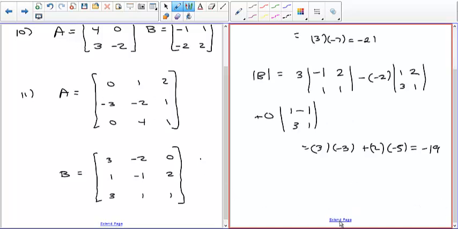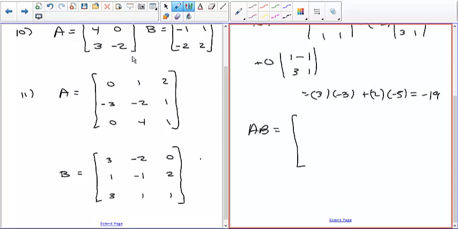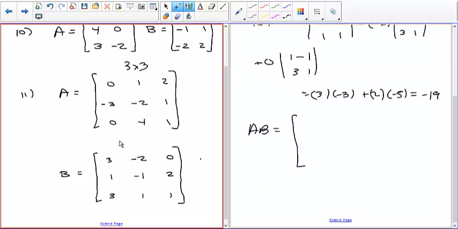Okay, now we're going to multiply A times B. It's a 3 by 3 matrix because this is a 3 by 3 multiplied by a 3 by 3. Because these are the same, we can multiply them, and the outside numbers are the dimensions. So I'm going to just do this. You take row 1 times column 1.